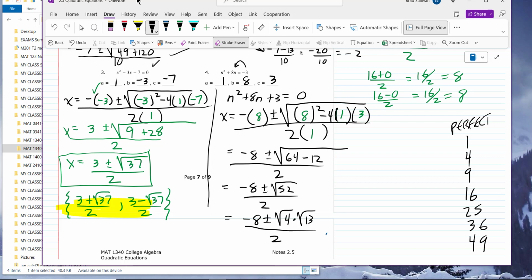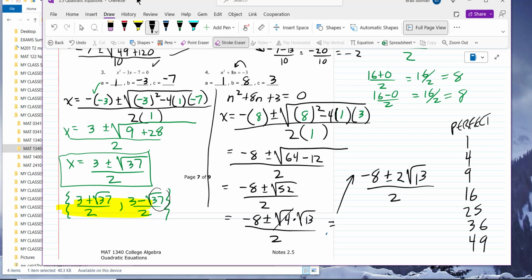Now on the 37, none of these perfect squares divide into 37 evenly. So that's why I stopped at 37. That's done. Now, the square root of 4 is 2. So now you write this as -8 plus or minus 2 times the square root of 13 over 2. And you're still not done. One more step. You have to learn to look for this.